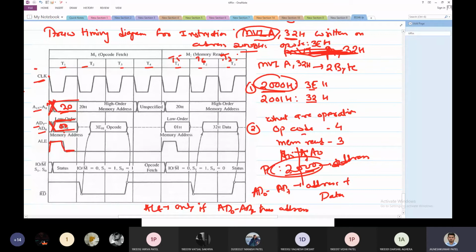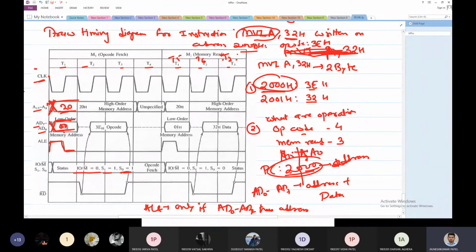Now along with these two, it sends a memory read signal. How to send a memory read signal we'll see later on, but this is how to send it. IO/M bar equal to 0, S1 equal to 1 and S0 equal to 1. Combined, these three are my opcode fetch signal.